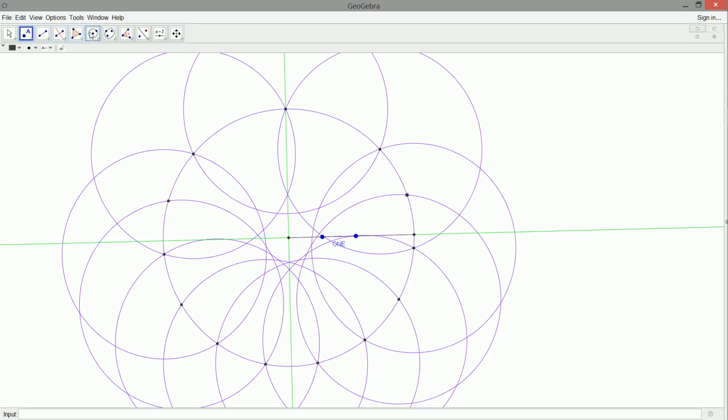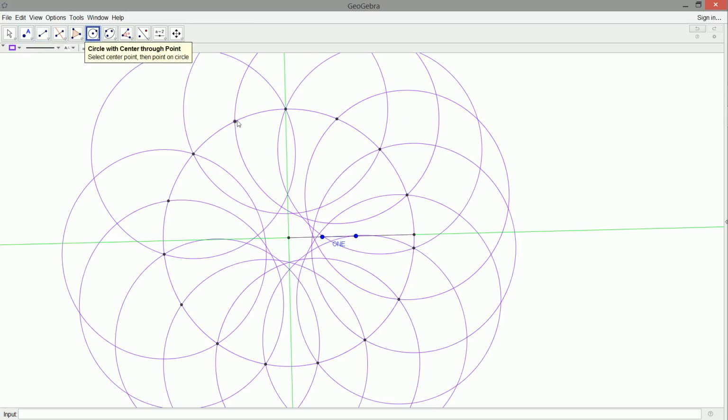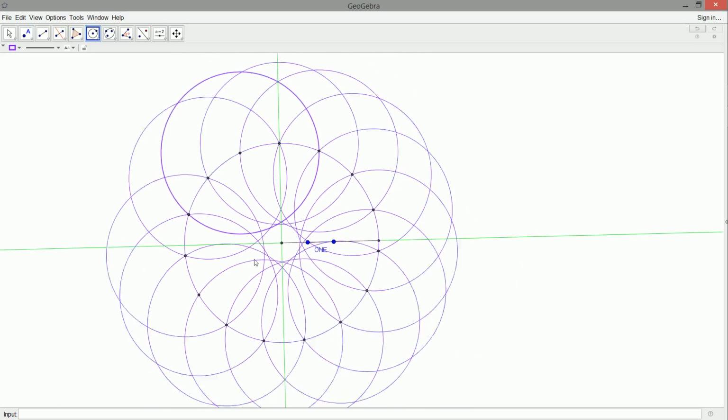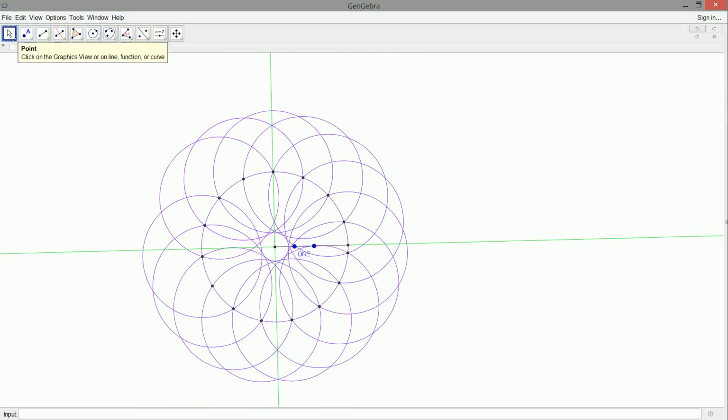So almost done, almost around the circle. Got to make sure this point here didn't have anything going through it. Alright, and now we're back to a point that we've already got. So it's nice, it's full, it's complete.